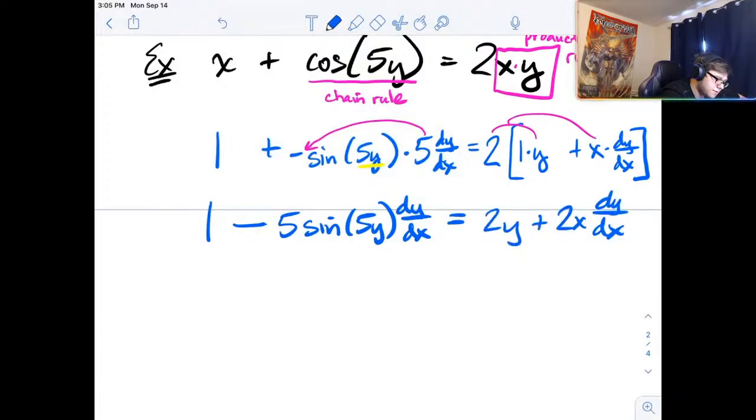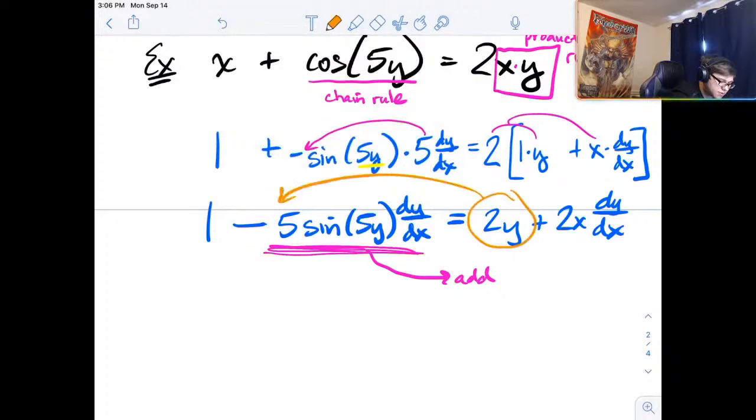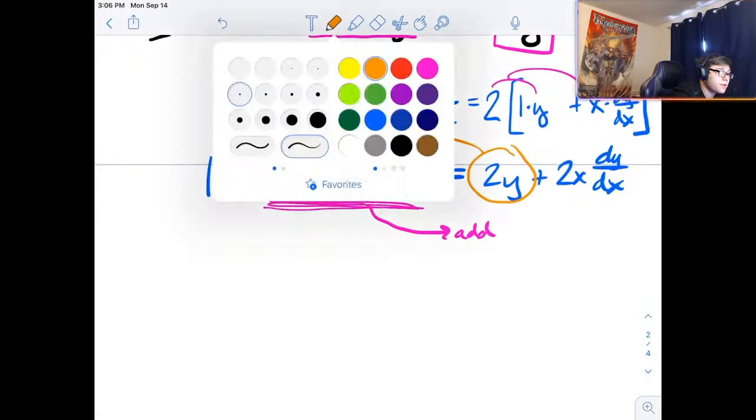Now we get to separate all of the pieces. This time I might choose to move the dy dx terms over to the right-hand side of the equal sign, simply because this right here is currently negative. So if I choose to add it over to the other side, while also subtracting the 2y over to the other side, I think that I can get my equation to look a little cleaner with fewer negatives in it, you guys.